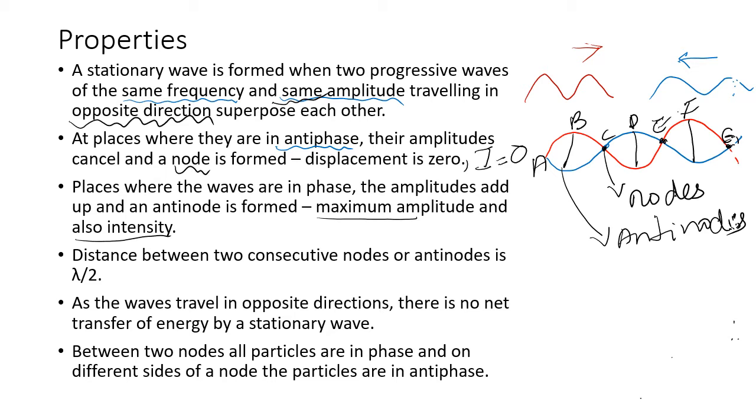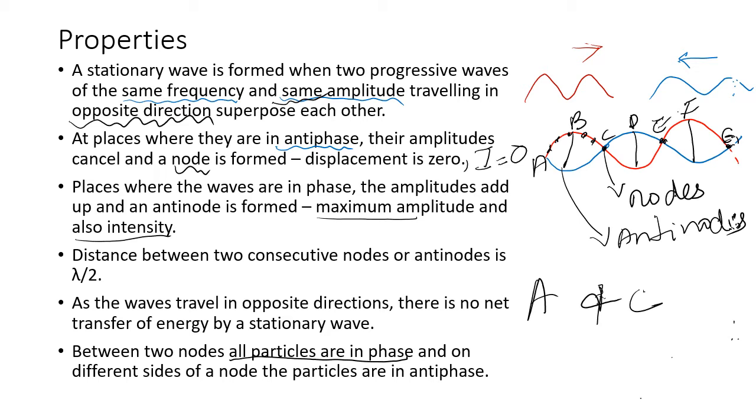For example, I'm considering A and C. Any particle at any point between A and C that I consider is going to be in phase. Between two nodes, all particles are in phase.